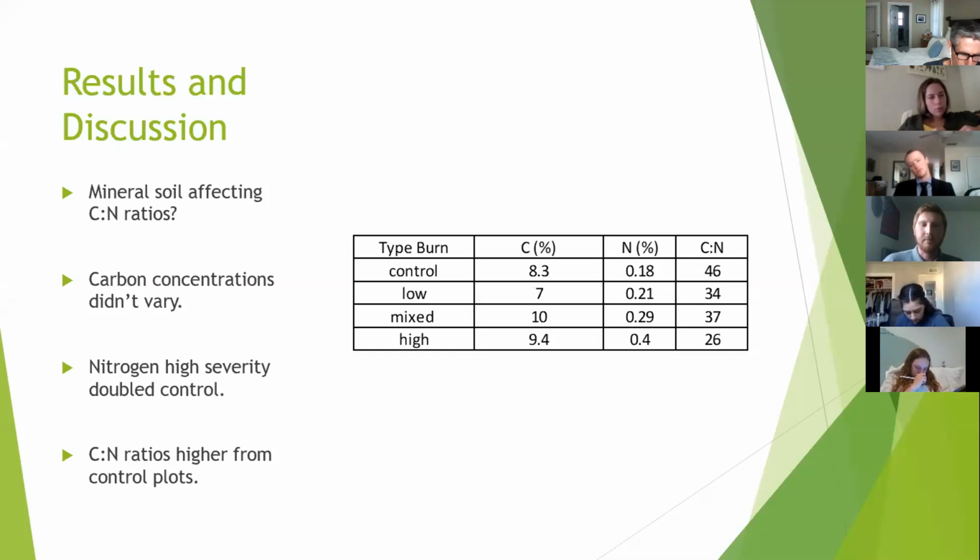These high severity burn stands were more than twice that of the control sites. And as for the variation in carbon to nitrogen ratios, they followed the variation of the nitrogen concentrations, as control plots had significantly higher carbon to nitrogen ratios than that of soils from the severely burned sites.